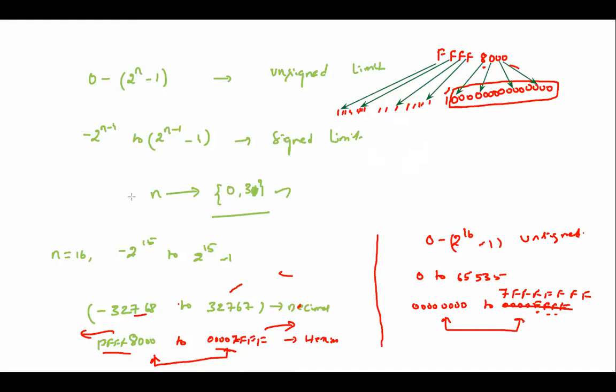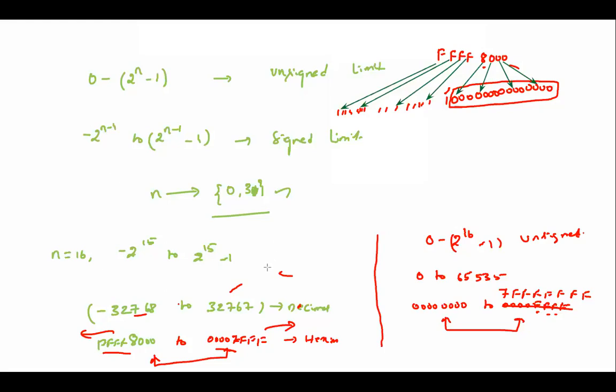And for a signed number, as I told, it is minus 2 raised to n minus 1 to 2 raised to n minus 1 minus 1. So let us take, for example, 16. If we substitute it, it becomes minus 2 raised to 16 minus 1, which is 15, to 2 raised to 15 minus 1.